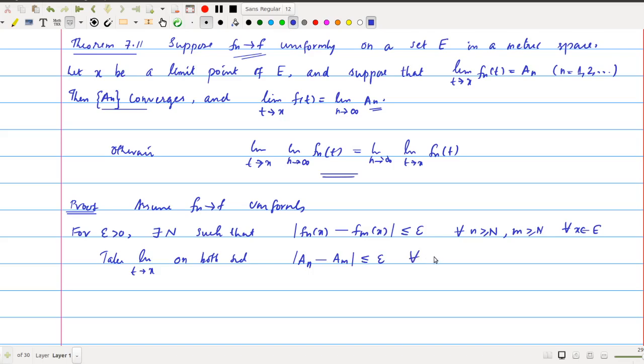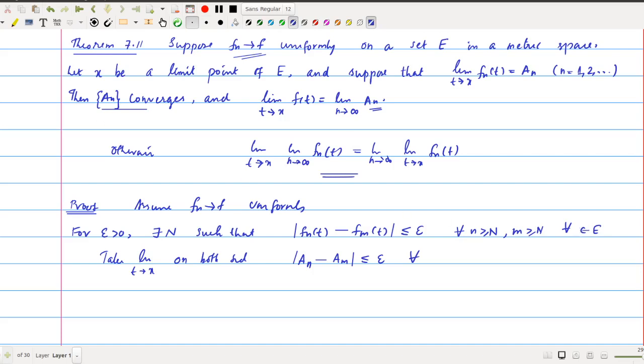First we write this in t, then only you can take the limit. This is true for Fn of t minus Fm of t for all t belongs to E. So that is the definition.